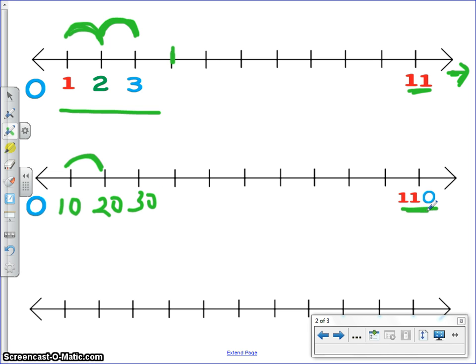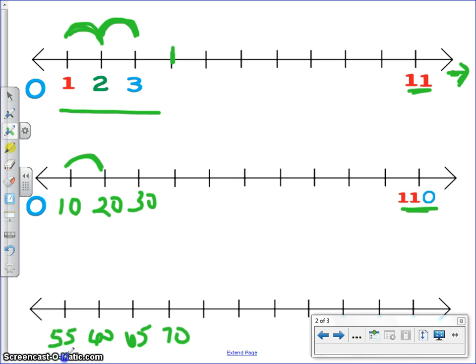So with number lines, you have to figure out the pattern that they show. They can start at 0, or they can start anywhere. They can start at maybe 55, and then you have 60, 65, 70.